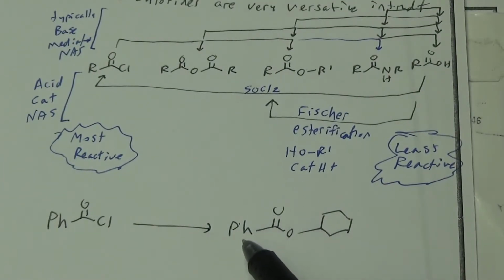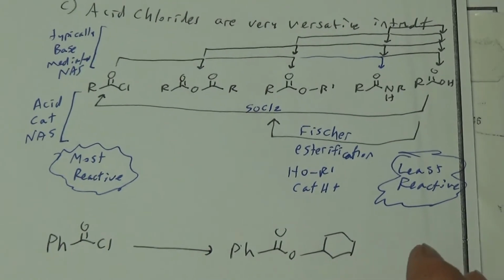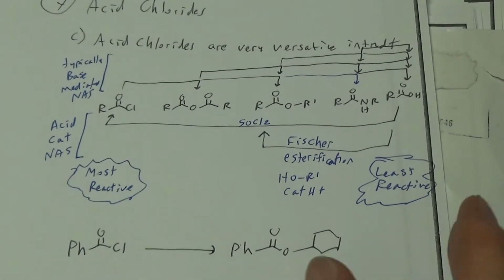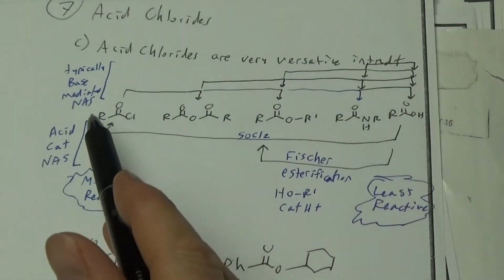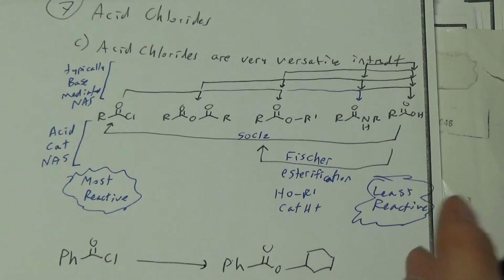This is not a benzene, that's just a cyclohexyl group. So what do we do? Is it going to be base-mediated or acid-catalyzed? Going from left to right is base-mediated typically.